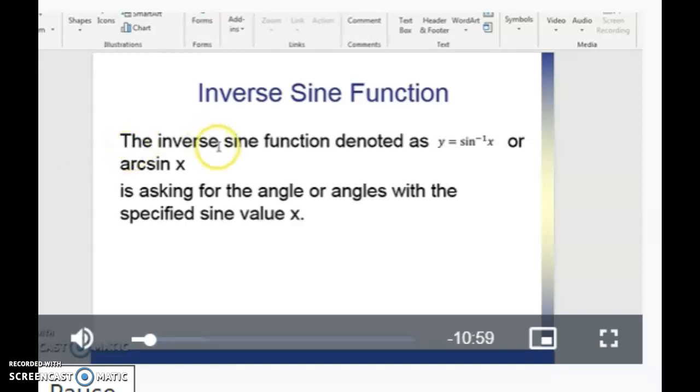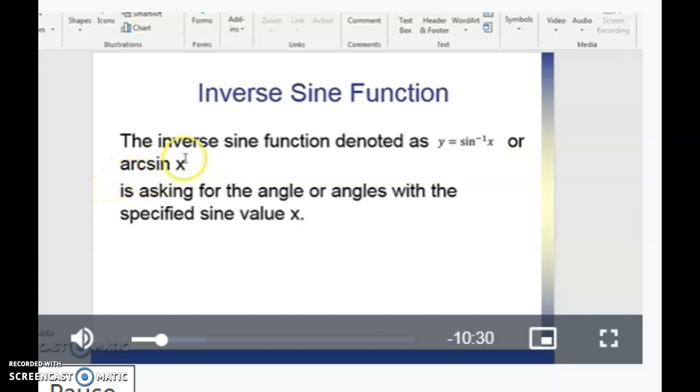The inverse sine function, denoted as y equals the sine inverse of x. Notice what looks like an exponent of -1 is not an exponent. It is read as the word inverse. The inverse of a trig function also has another symbol, and it is the prefix arc.